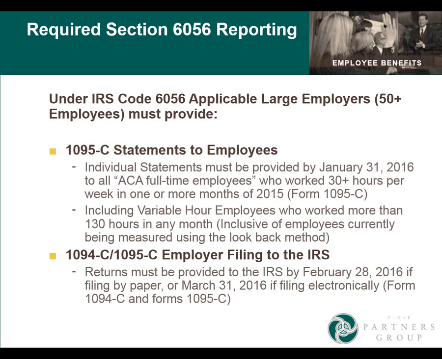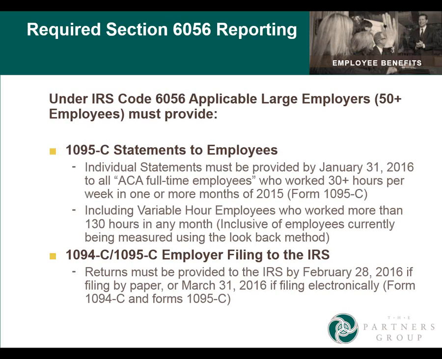The individual statements have to be provided by January 31st of 2016 to all ACA full-time employees who work 30 hours per week in one or more months of 2015. So this is actually due on the same timeline as your W-2s. This is not the same as the March 31st or February 28th deadline for the 1094-C and 1095-C employer filing that's due to the IRS.